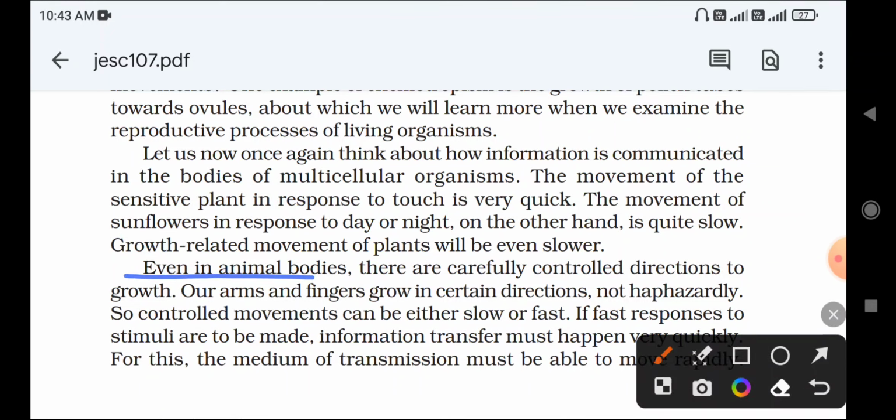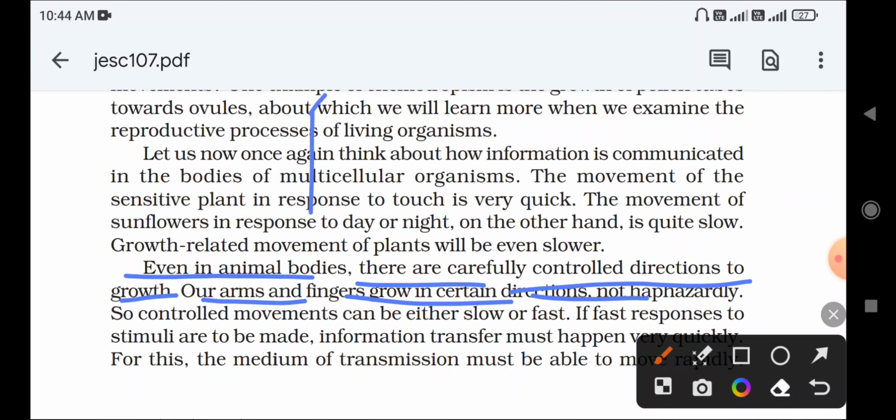Even in animal bodies there is carefully controlled direction of growth, correct. In any animal body there is development in a particular order, in a particular way. It is not random, it is not haphazard growth. The growth of animals goes on continuously in a particular order, correct. Our arms and fingers grow in certain directions, not haphazardly.